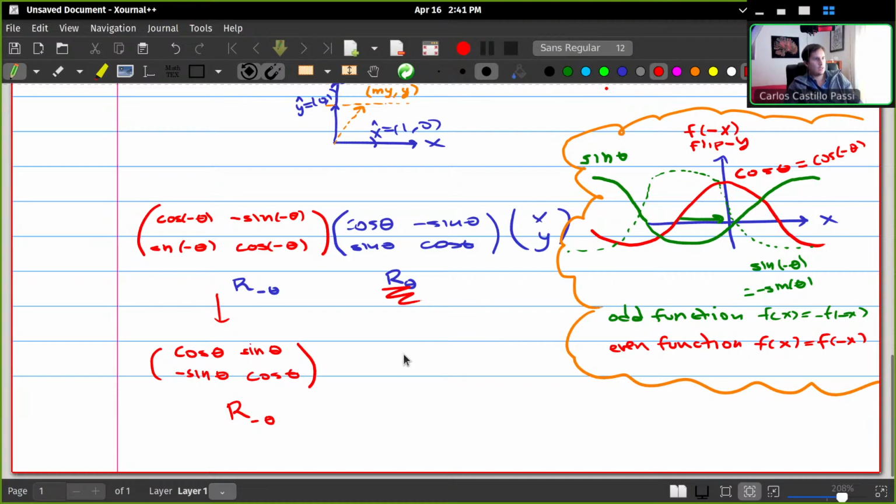So you could say that R of minus theta is equal to the rotation by theta inverted. That could be expressed also as R of minus theta times R of theta equals the identity matrix. But there's another relationship. That's one of the relationships.